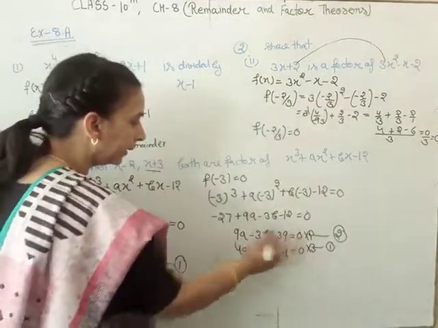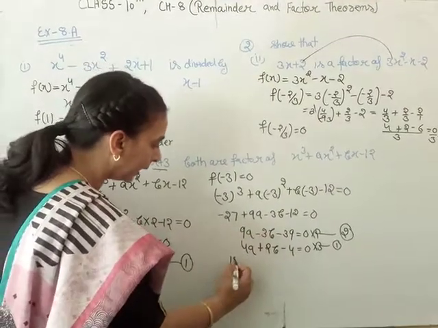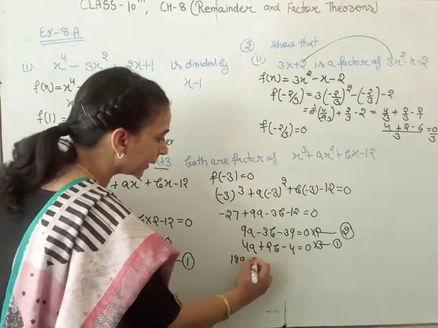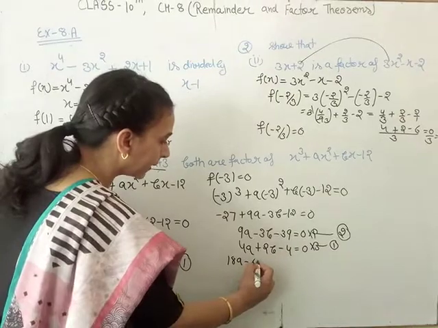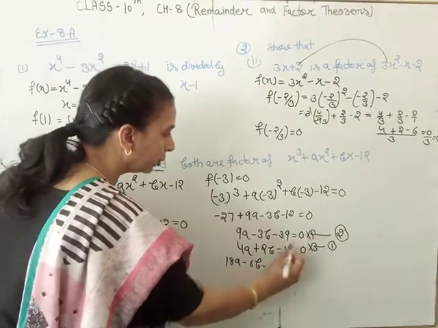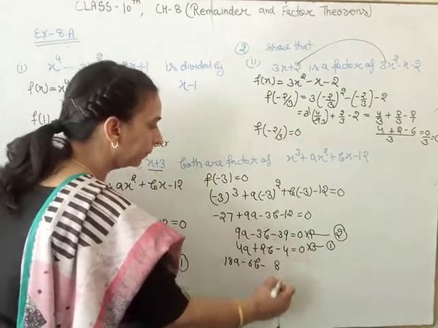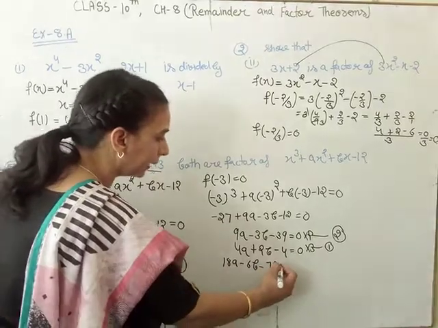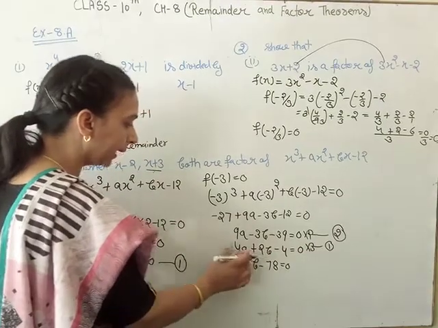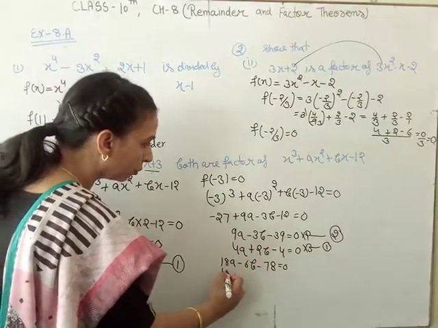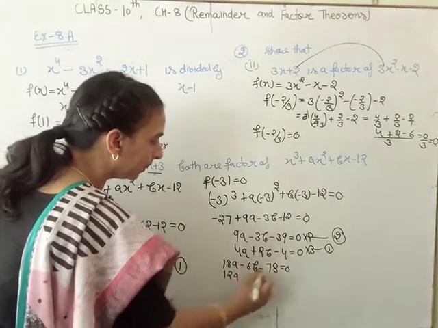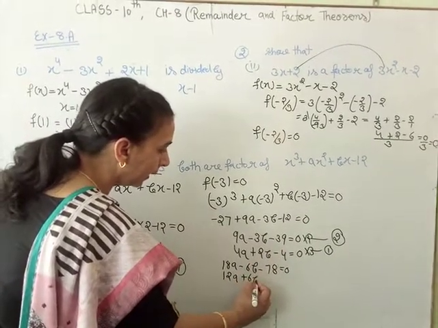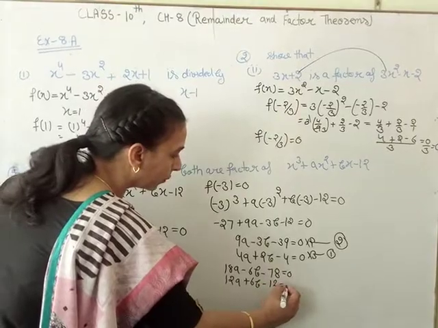Okay, then 9 multiply to 18a minus 3 multiply to 6b minus 9 to 18 equal to 0. Again multiply 3 4 3 12a, 3 multiply 2 plus 6b minus 12 equal to 0.